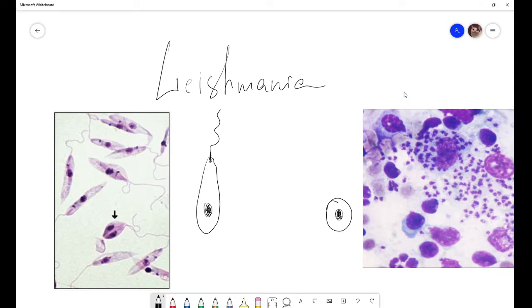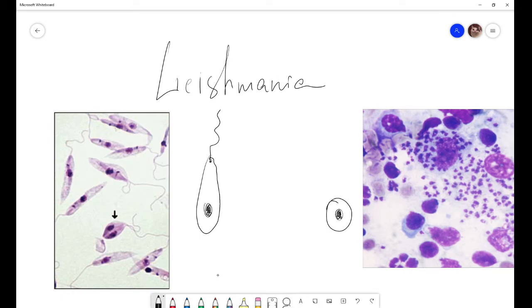Okay, what's next? We know that this parasite has some structure, and you must know the morphology and types of life forms of this organism.